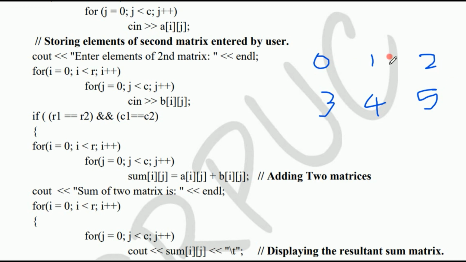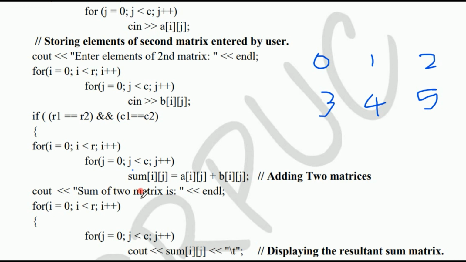Now here there are 2 rows and 3 columns. When we are taking the second matrix, it must be of the same size. That means if there are 2 rows in the first matrix, even in the second matrix there must be 2 rows and 3 columns. If you are taking 3 rows, 3 columns, the second matrix must be 3 rows, 3 columns. That we are checking here, and then we are continuing.